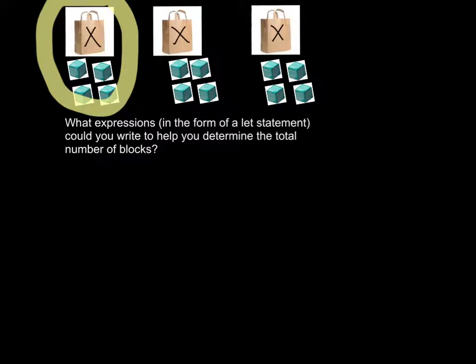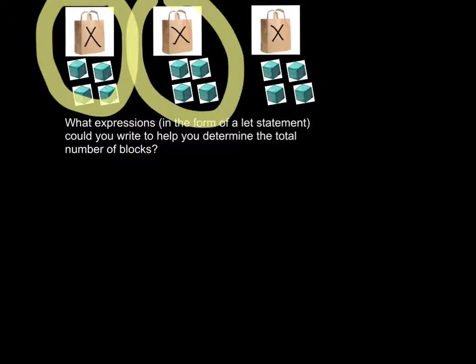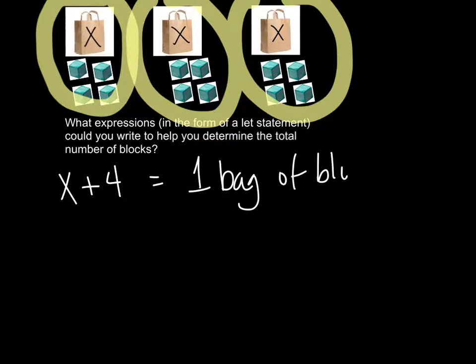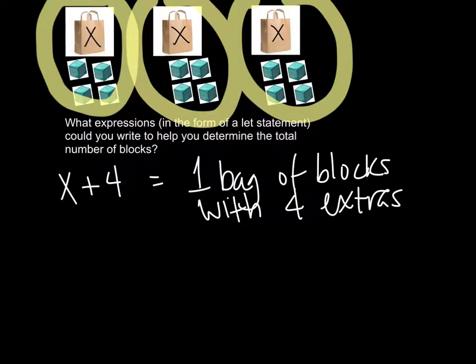Looking at this diagram again, we see that we have 3 different groups of x plus 4, because on the previous screen we said that x plus 4 gave us one bag of blocks with 4 extras in front of it.